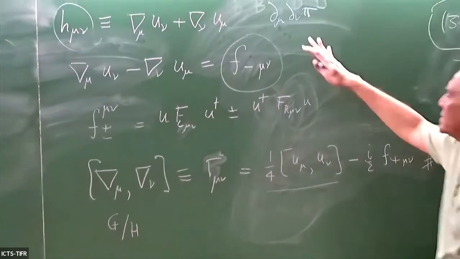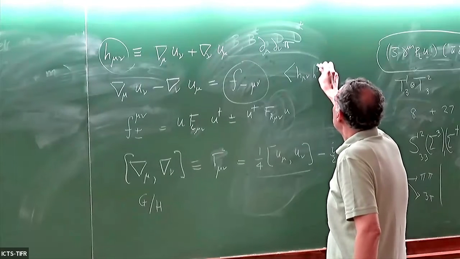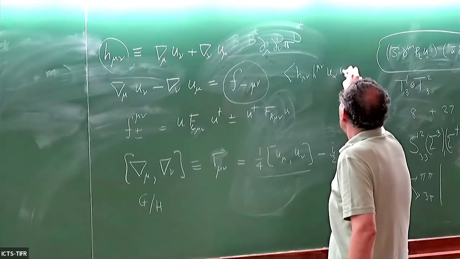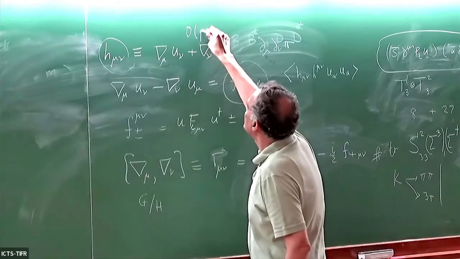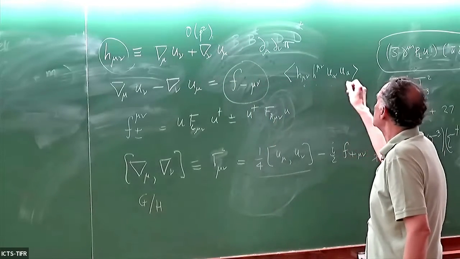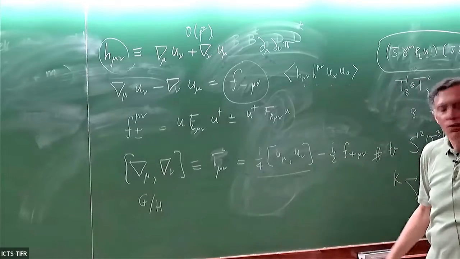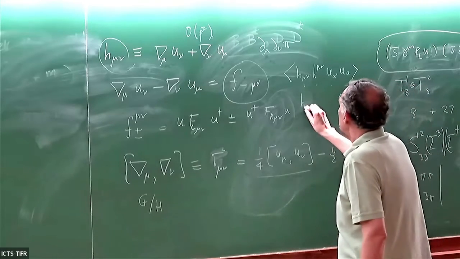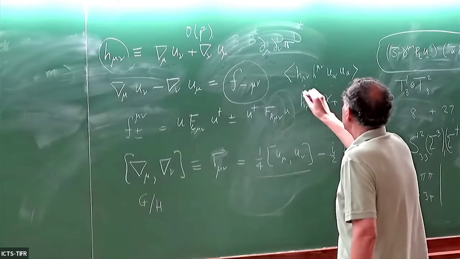But in p to the 6, you get terms like the trace of h mu nu, u alpha, things like this. H mu nu is order p squared. So that's p squared, 2, 2, 1, 1. Yeah, so that's p to the 6. So you get things like this. Or H mu nu, I plus or something.